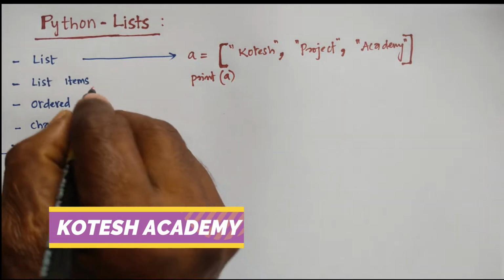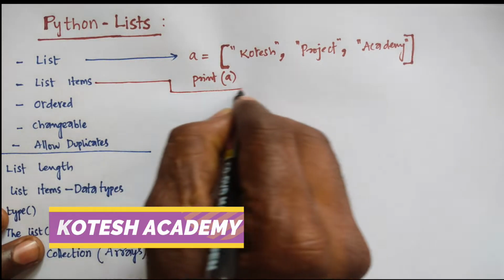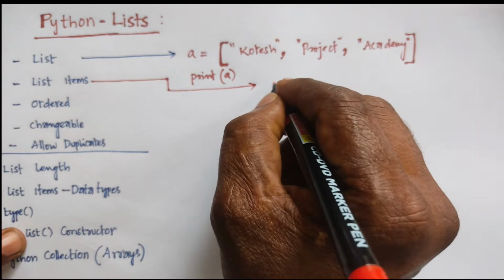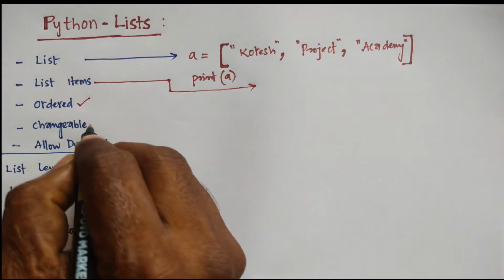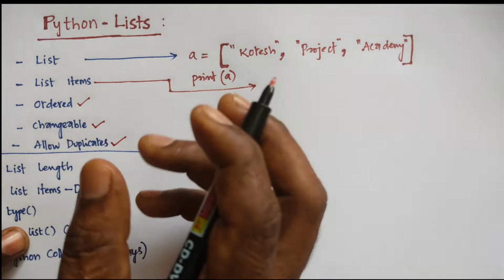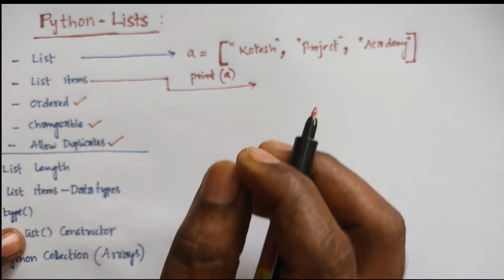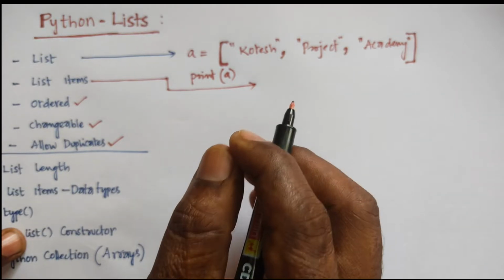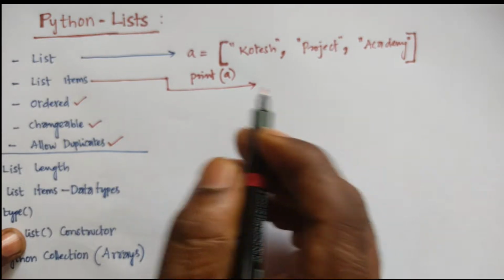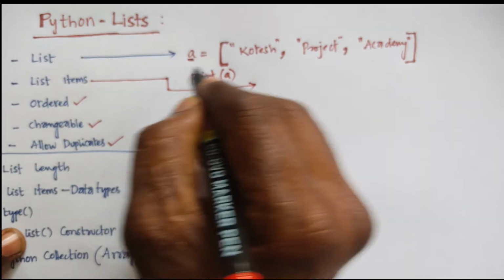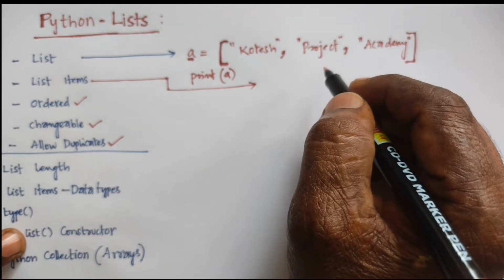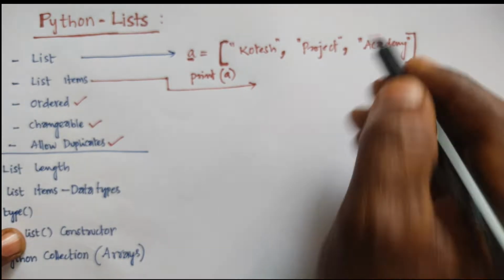So simply, what is the meaning of list items? List items are ordered, changeable and allow duplicates. What is the meaning of this? List items are indexed. The first item has index 0 and the second item has index 1. Here A is the variable, it contains many strings: item 1, item 2, item 3, like that.